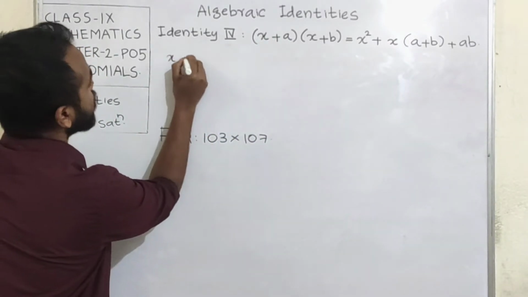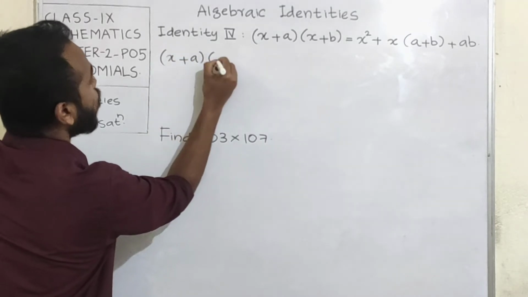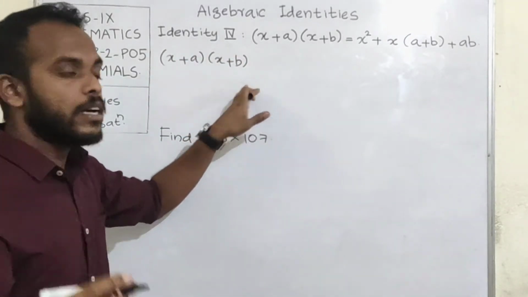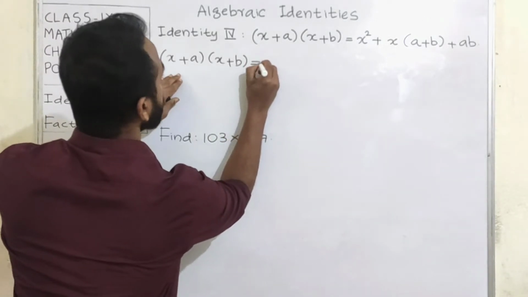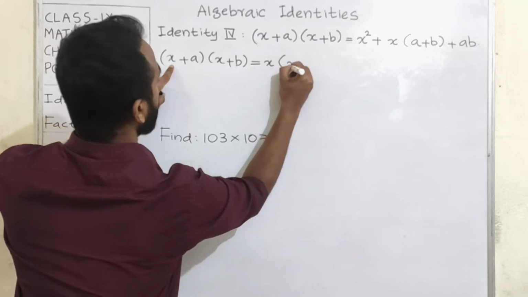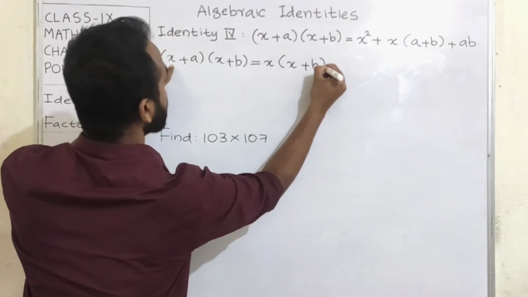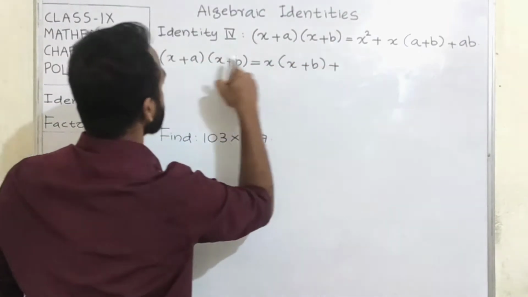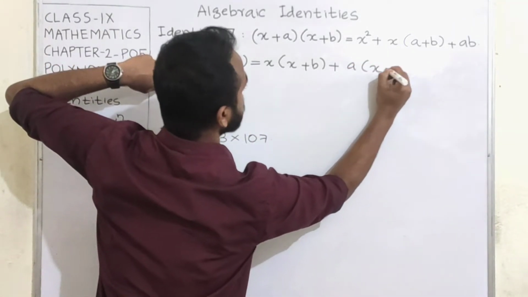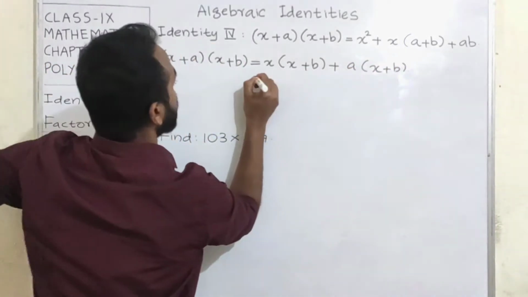The question is to find the product of, or whether we can simplify this particular identity into a simpler form. For doing this one, we can write x from the first bracket multiply completely using the second bracket, that is x plus b, plus a times the second bracket x plus b. Now what happens?